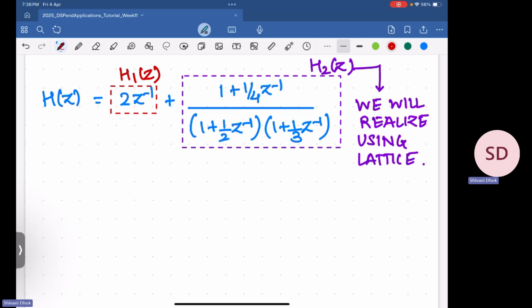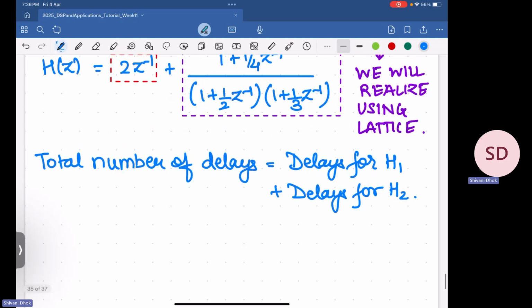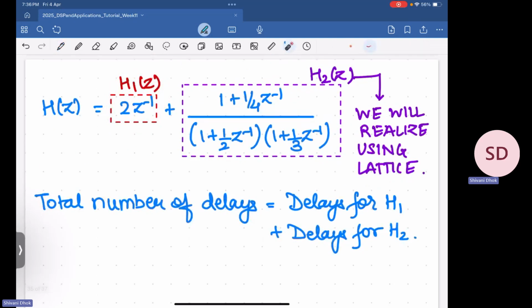Now the total number of delays that we will require will be equal to the number of delays required to realize h1 plus the number of delays required to realize h2. Now if you observe carefully, h1 is simply 2z inverse.